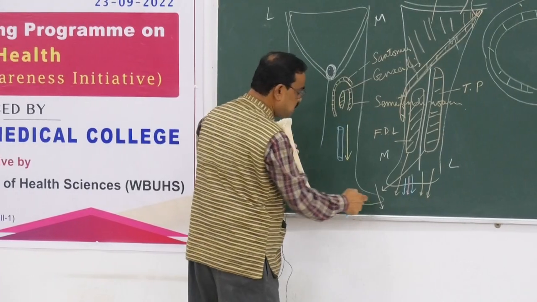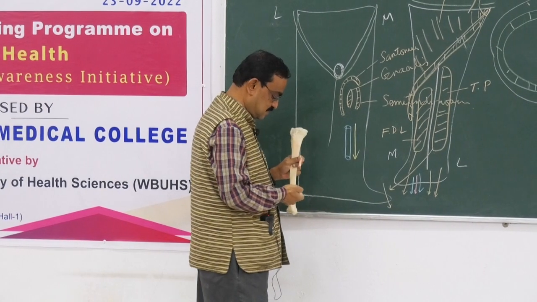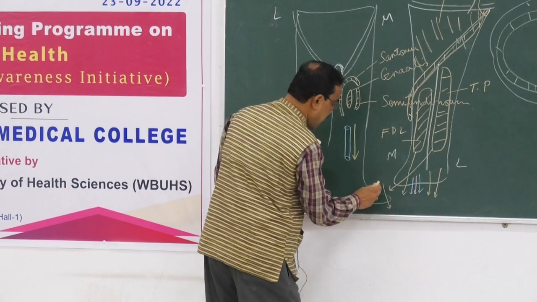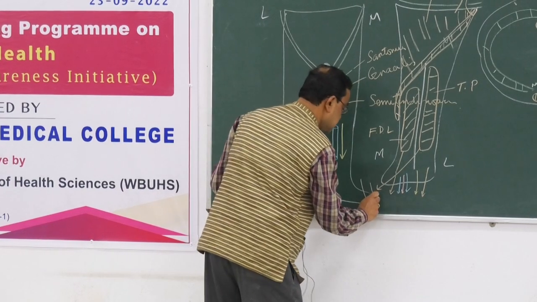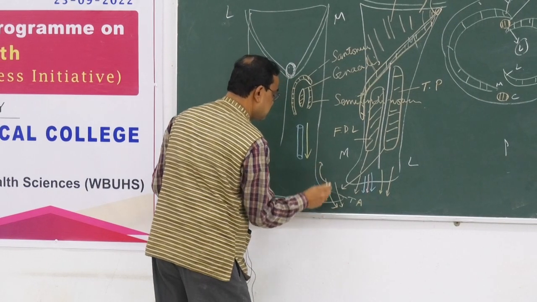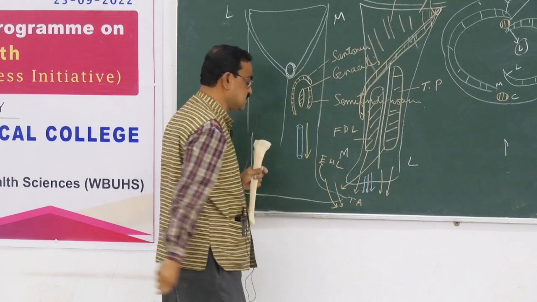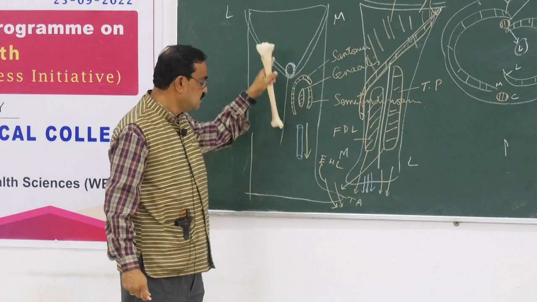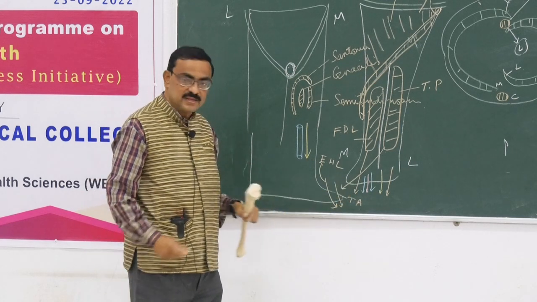In the anterior surface, tendon of the tibialis anterior. Then another tendon, extensor hallucis longus, on the anterior surface of the lower end of the leg. So there are two tendons.